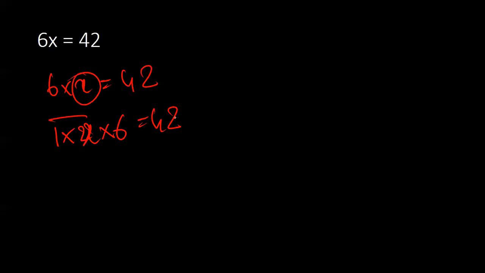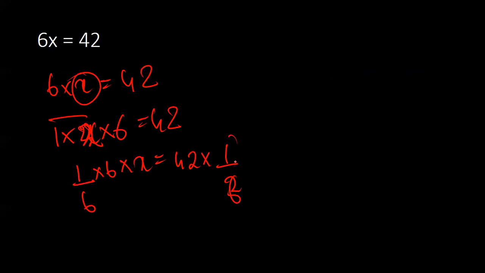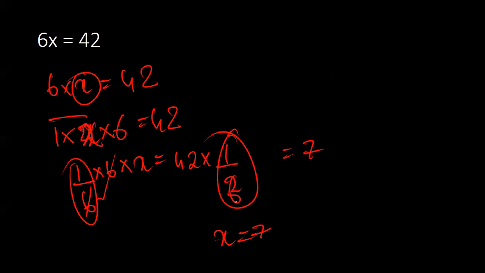So I'll multiply both sides because I cannot do something just on one side. So I'll write it as 1 by 6 into 6 into x gives 42 into 1 by 6. Because I have multiplied 1 by 6 on both sides, here 6 will get cancelled. And 42 divided by 6 is 7. So x is equal to 7.